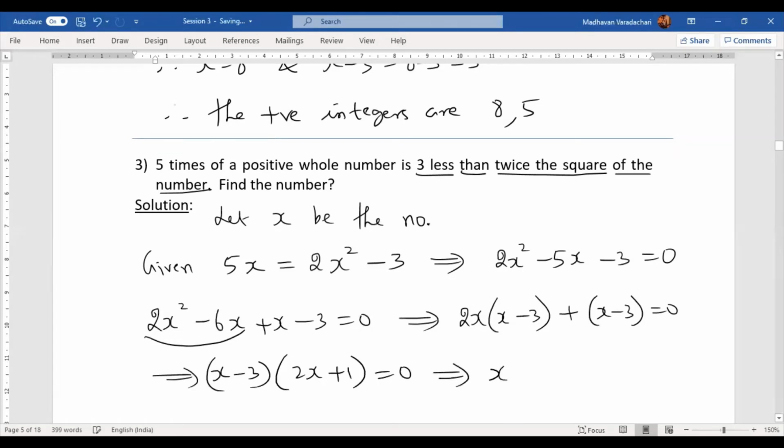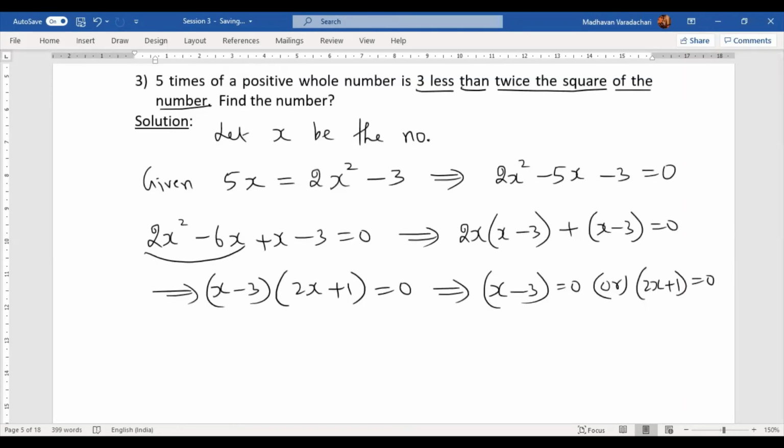Which means x minus 3 equal to 0 or 2x plus 1 equal to 0. So if I equate this to 0, I will get x as 3. Or if I equate this to 0, I will get negative 1 by 2.